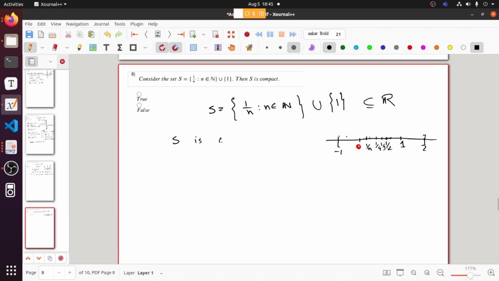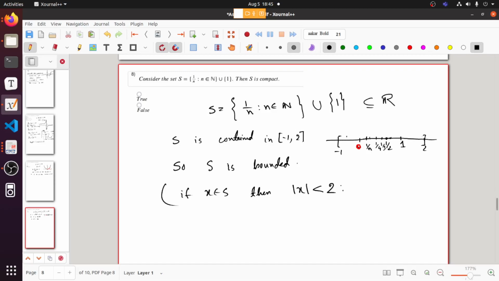Then S is contained in (-1, 2), so S is bounded, because all the values of x lie between -1 and 2. If x belongs to S, then mod of x is less than 2 always. This is the meaning of bounded: 2 is always an upper bound for S.